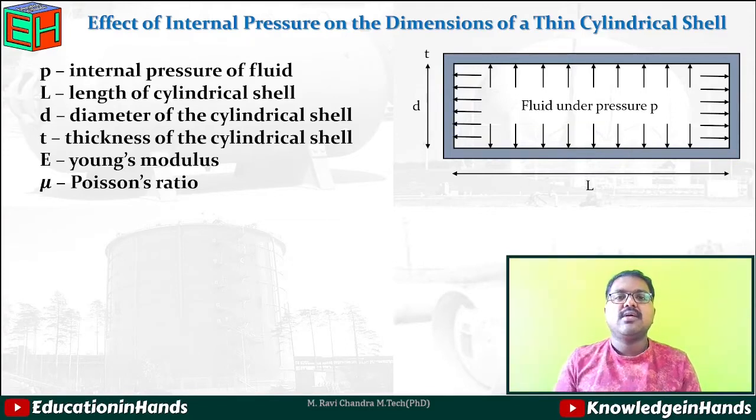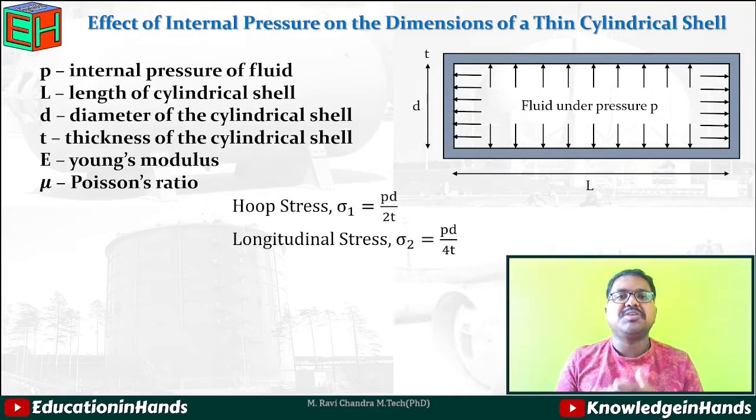We know the circumferential stress or hoop stress, sigma 1, is PD by 2t, and the longitudinal stress, sigma 2, is PD by 4t, which we derived in our last videos.